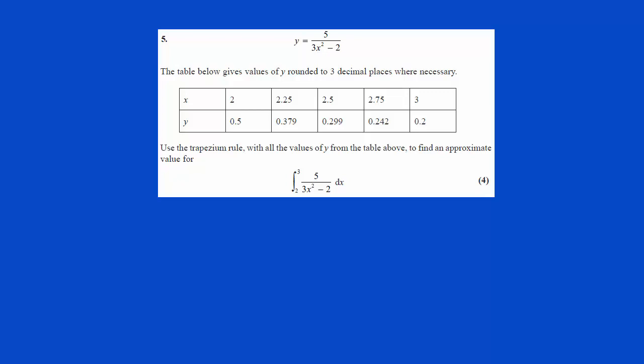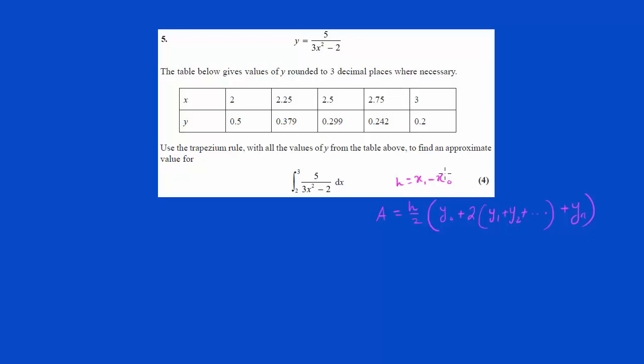So the trapezium rule goes like this. Area equals h by 2 times y0 plus twice into y1 plus y2 and so on, and finally the last value yn. So this is the trapezium rule. What is h? h is x1 minus x0, the difference between x.